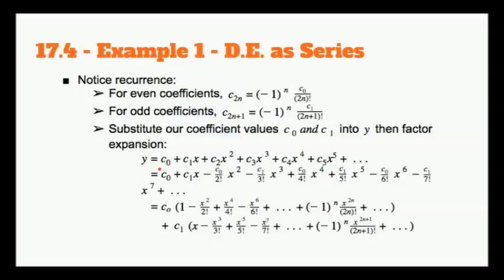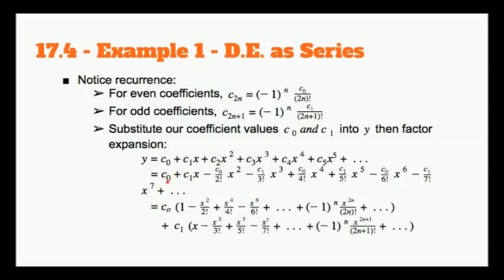We get y equal to c0 plus c1x plus c2x squared plus c3x cubed plus c4x to the fourth plus c5x to the fifth, and so on into the series. And we can put that in terms of the factorial, like we already went over here.